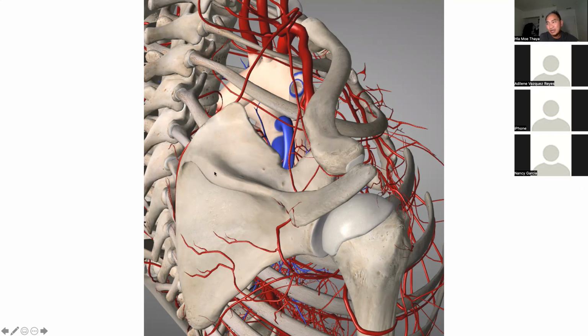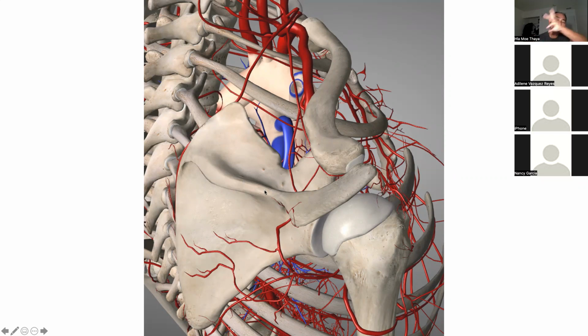So this is the spine of the scapula, which divides the posterior surface of the scapula into an upper smaller fossa, fossa meaning little valley space, and a larger inferior fossa.